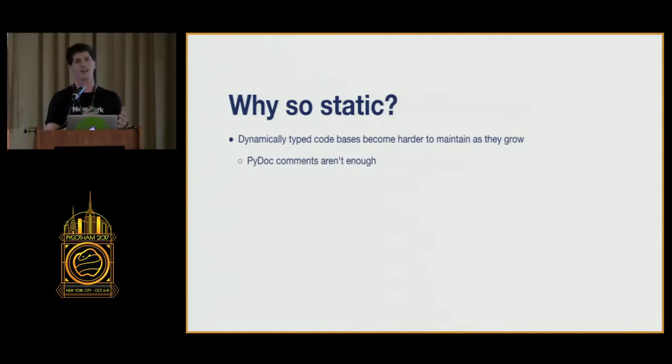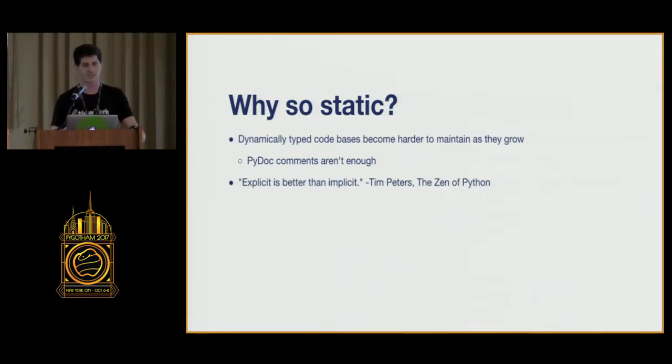In reality, PyDoc comments aren't sufficient for telling developers working on your code base what your methods expect, what they're producing, what the side effects may be. And you can't be confident that when a developer updates a method or a class, they are going to actually update the PyDoc documentation, and that everyone is going to conform to the same format of PyDoc comments.